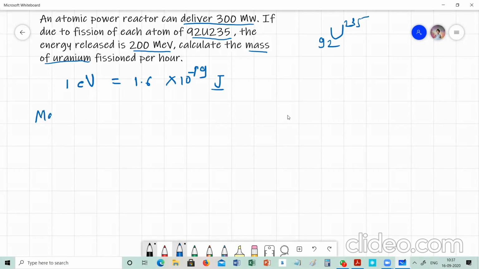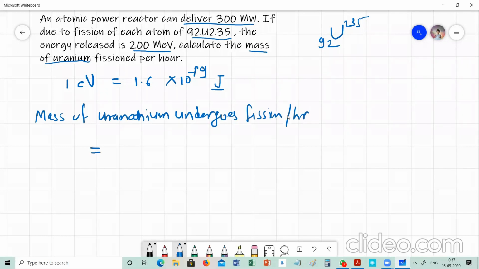Obviously, the mass of uranium which undergoes fission per hour will be equal to the mass of one uranium atom into how many uranium atoms are there, the total number of uranium atoms.